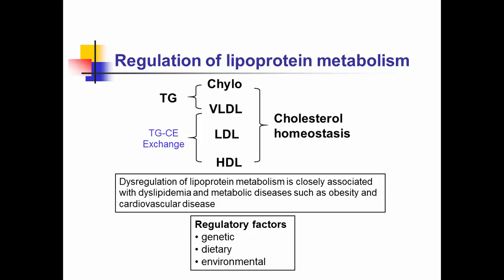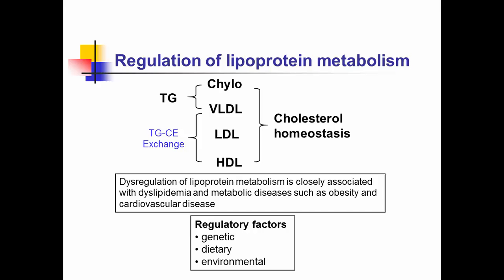So the dyslipidemia, you guys know, right? So lipoprotein metabolism is very important. If any process is wrong, then it will affect the lipid homeostasis, including so-called dyslipidemia, including increased triglyceride level or cholesterol level in the circulation, and also increased cholesterol level or deposition in the tissues, causing a lot of metabolic problems, including obesity and cardiovascular disease, right?